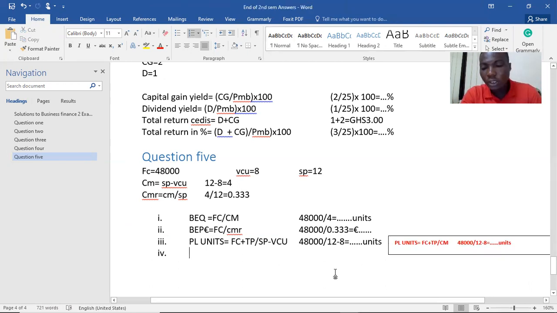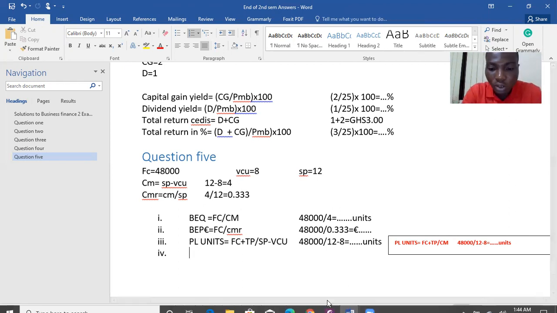What we did is the equation method. They wanted the equation method, so that is what will be my solution. If it is contribution, you go like this. So I told you, anything units, contribution margin. It's just following procedure. Anything units, contribution margin. Anything sales, contribution margin ratio.